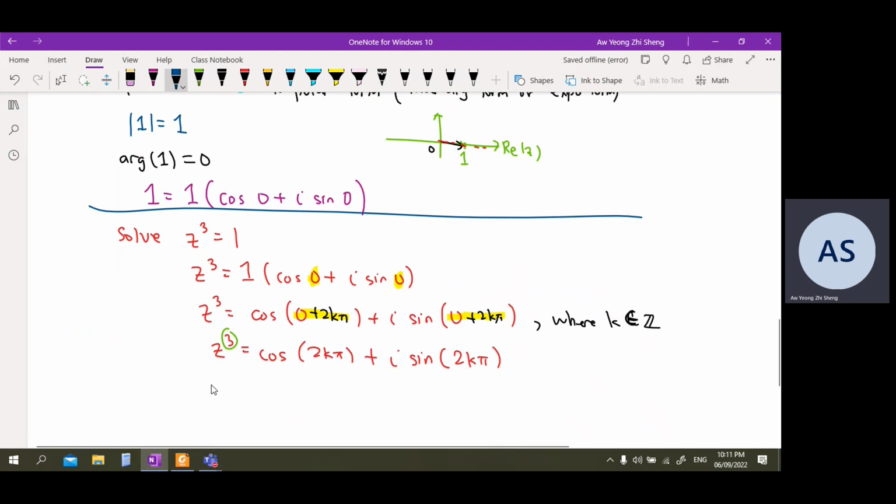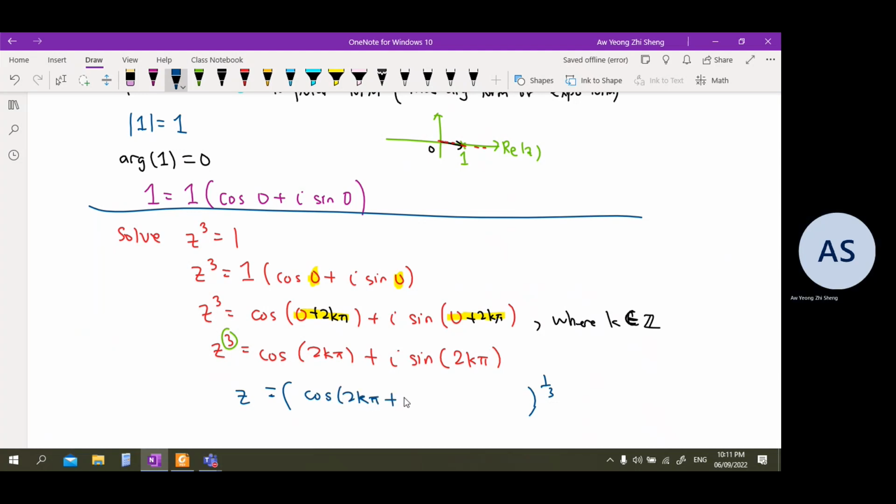Or in other words, we just apply power 1/3 to both sides, so that the left hand side is converted to just a single z. So left hand side just becomes a single z, and the right hand side has a power 1/3 applied to it. So you have cos of 2k pi plus I sine of 2k pi.